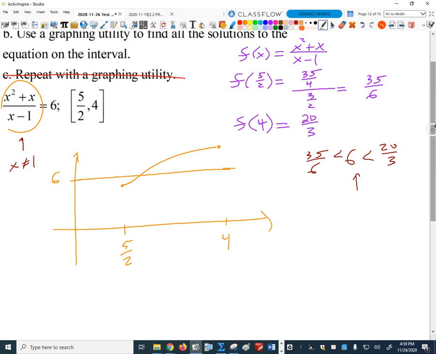So 6 is between f of 5/2 and f of 4, and the intermediate value theorem guarantees at least one value on the open interval between 5/2 and 4 where the function will have the value 6.